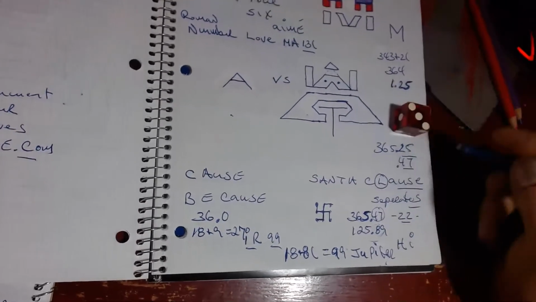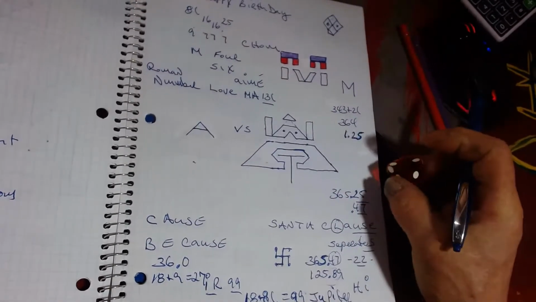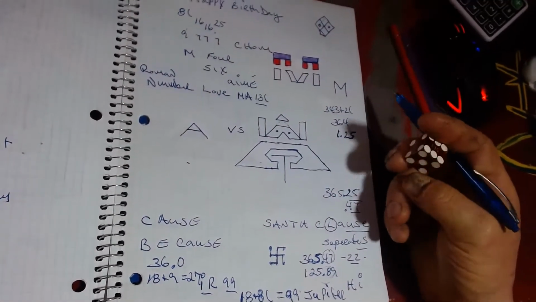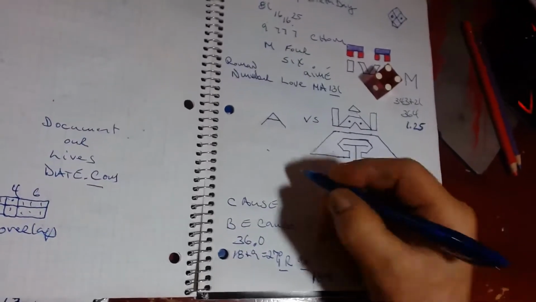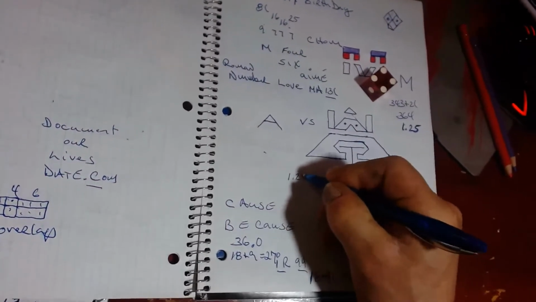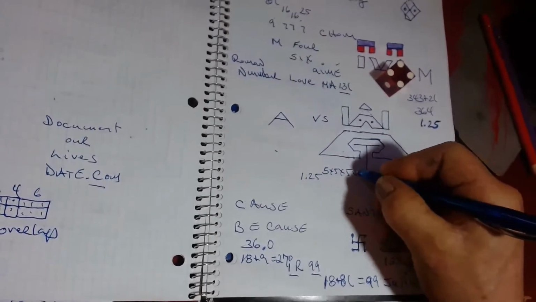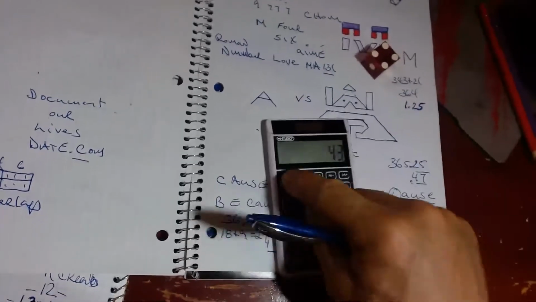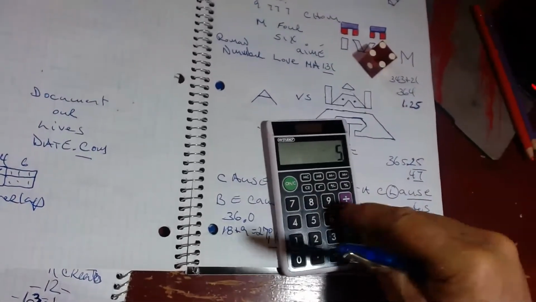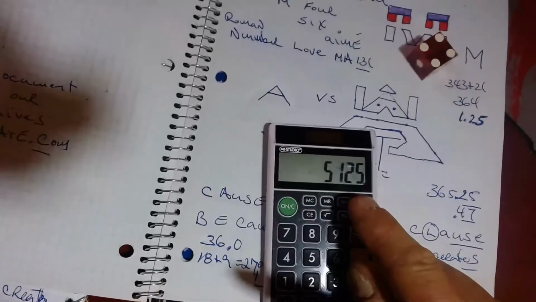365.47 has a relationship with the second cube. Maybe the second cube is not even counted. They're just counting the first cube. And it's part of your memory. The 1.25, 5 times 5 times 5 times 41 equals 2.5125.